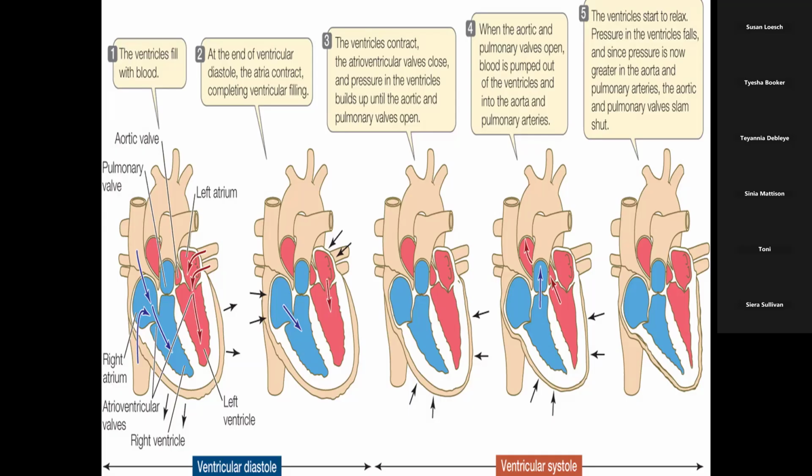On the left side of the heart, when that left ventricle fills, it's going to go through that aortic valve and into the body. And we have oxygenated blood now leaving the heart and going out to the body. Any questions on that? It's all happening together at one time.